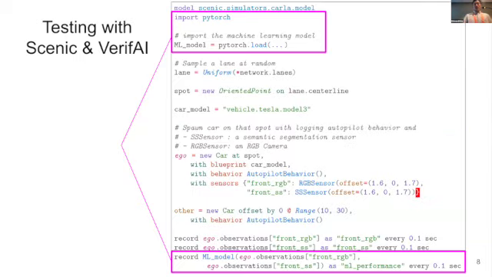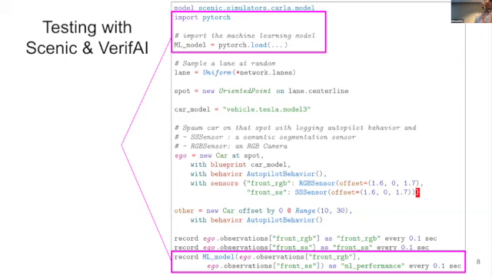Cool. So now, how can we test your ML models, like perception, behavior prediction, or planners, with Scenic and Verify? First, on the Scenic side, as we mentioned, Scenic is embedded in Python, so you can import different Python packages.